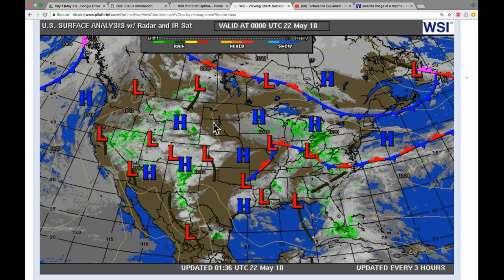So what are these called again? Does anybody remember that? Fronts? So these are our fronts right here, the blue and the red. Those are our frontal systems.